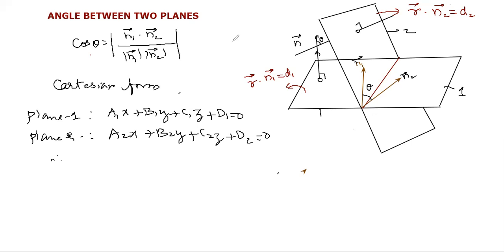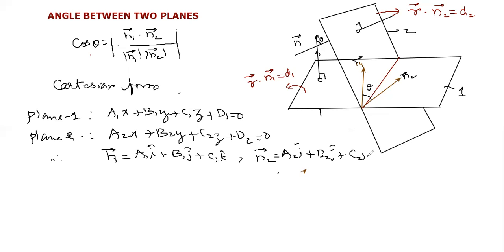So we can also say that vector n1 is a1i plus b1j plus c1k, and similarly vector n2 will be a2i plus b2j plus c2k. So when you put these values of n1 and n2 here, obviously you will get what you have done before also, the angle between two lines.